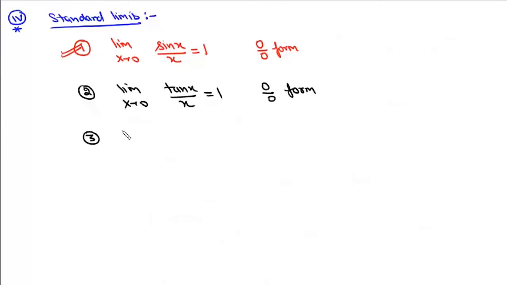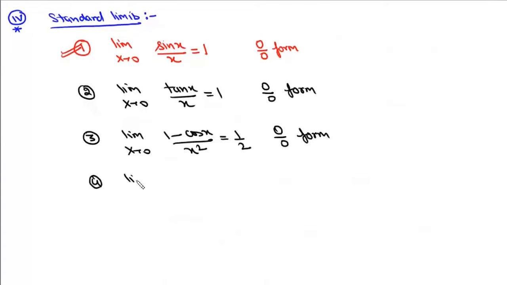The third standard limit is limit x tends to 0, 1 minus cos x upon x square. Now this is also 0 upon 0 form, and if we have this form 1 minus cos x upon x square, the value of this standard limit is 1 by 2. The fourth one is this limit x tends to 0, sin inverse x upon x.